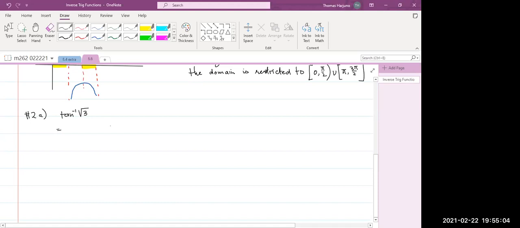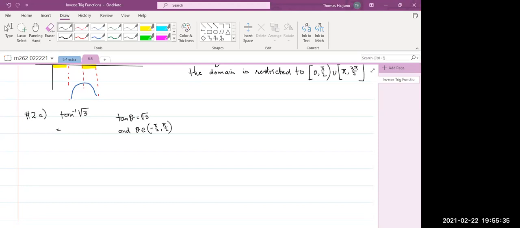So the way we think is tangent what equals radical 3. And that angle has to be between negative pi over 2 to pi over 2 to keep one-to-oneness.